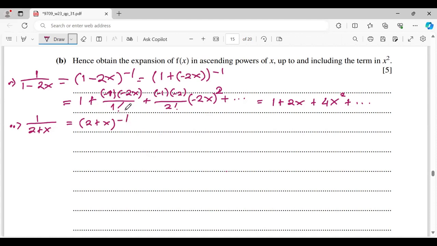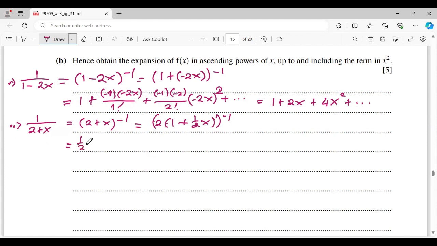So I will change it like this: 2 times 1 plus half x, power minus 1.